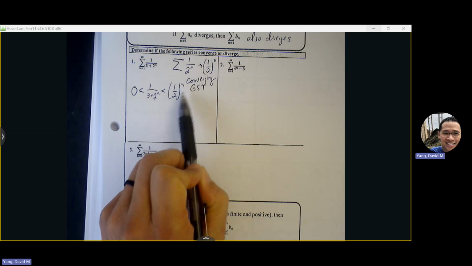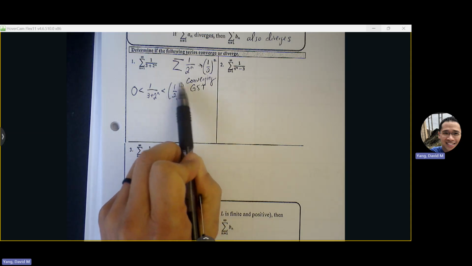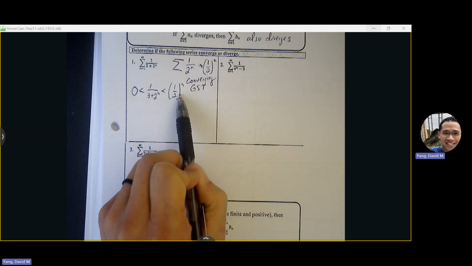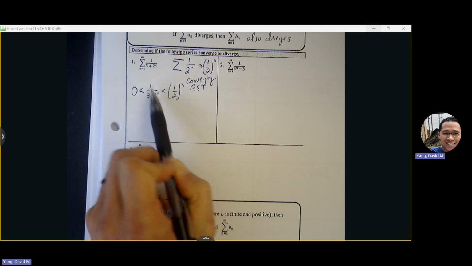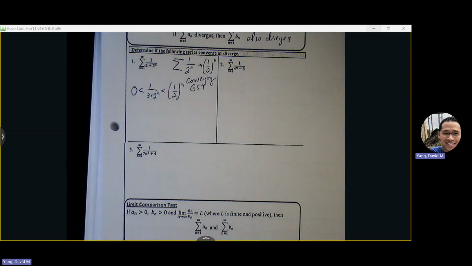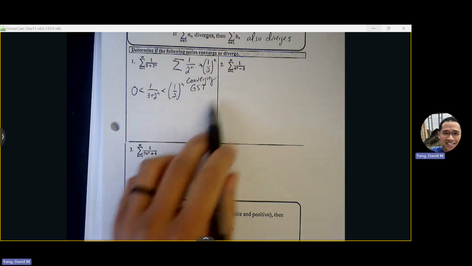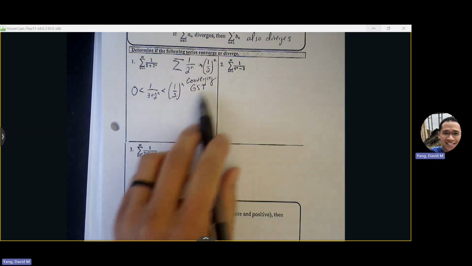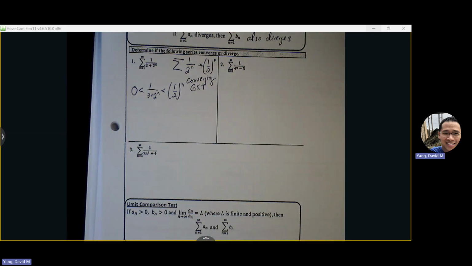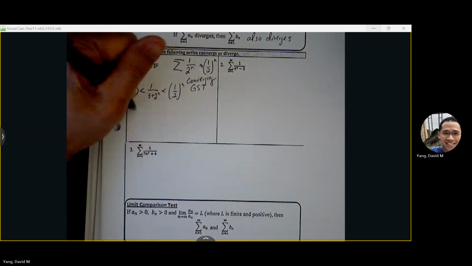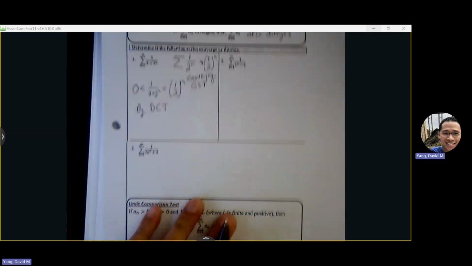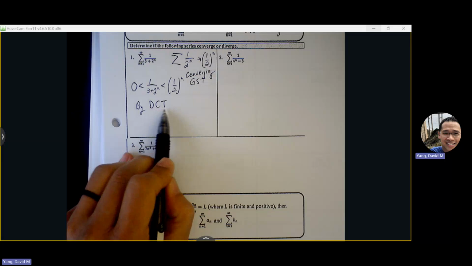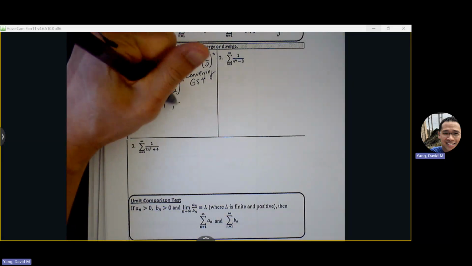If I have a truck that's going to clear the tunnel, then anything less than it must also clear the tunnel as well. So we can say the series will converge by direct comparison test because we're comparing with a converging series. I'm going to use the abbreviation DCT for direct comparison test.